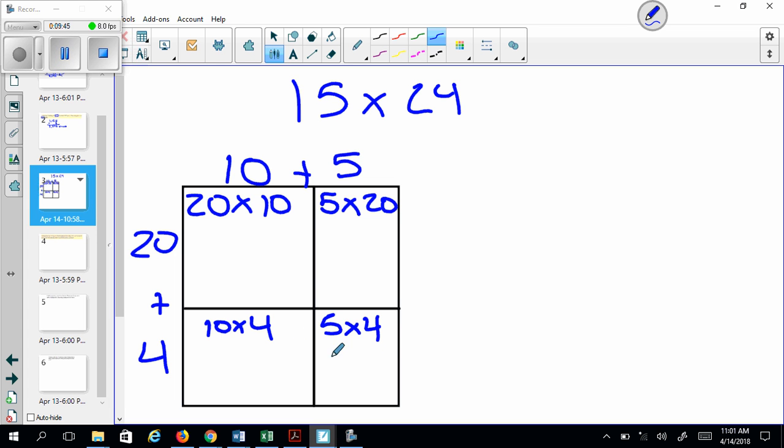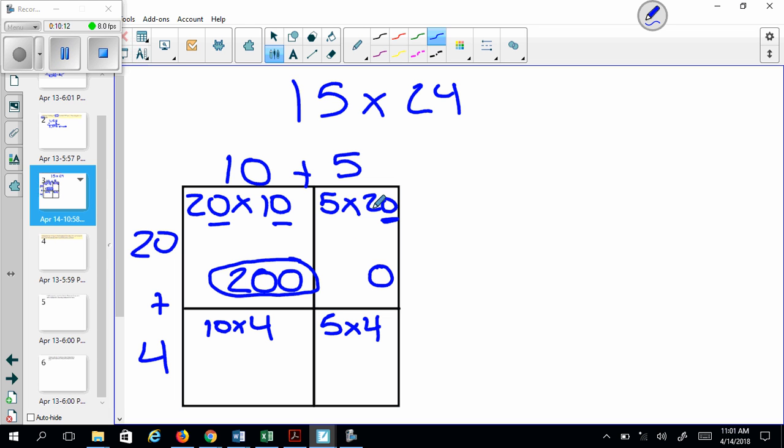5 and 4. Then we use our same strategy, our same trick, as we did with the 4-digit number times the 1-digit number. So I have 1, 2 zeros, so I'm going to put those 2 zeros down here. 2 times 1 is 2. So 20 times 10 is 200. 5 times 20, I have 1 0.